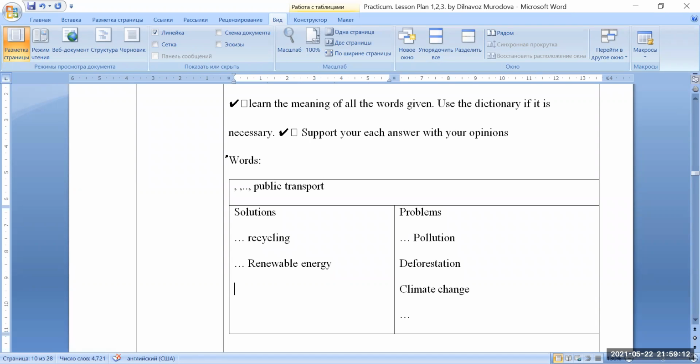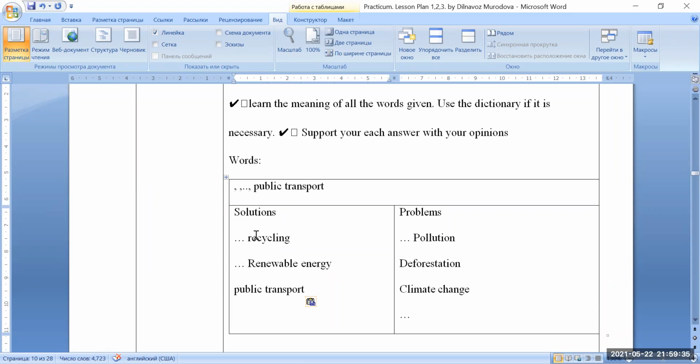Maybe my eyes saw this one as private transport, so that's why I said big problem. In spite of you having glasses. Is it my glasses or my eyes? Yes. Okay.